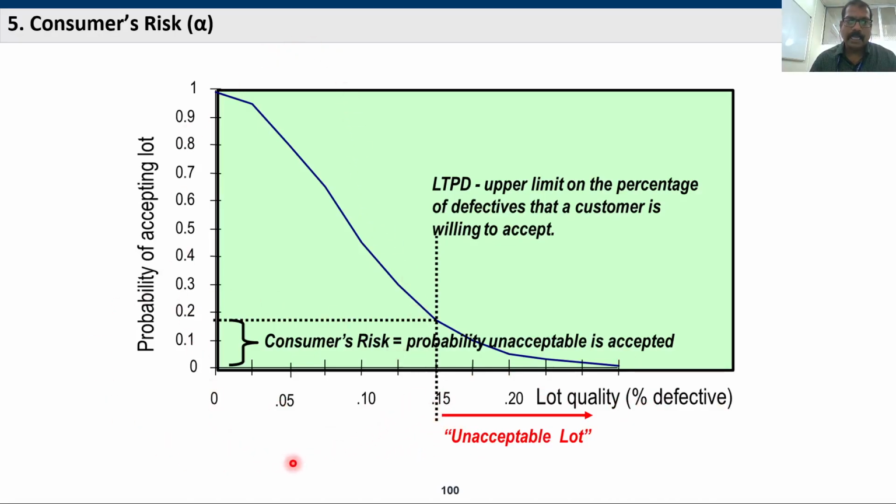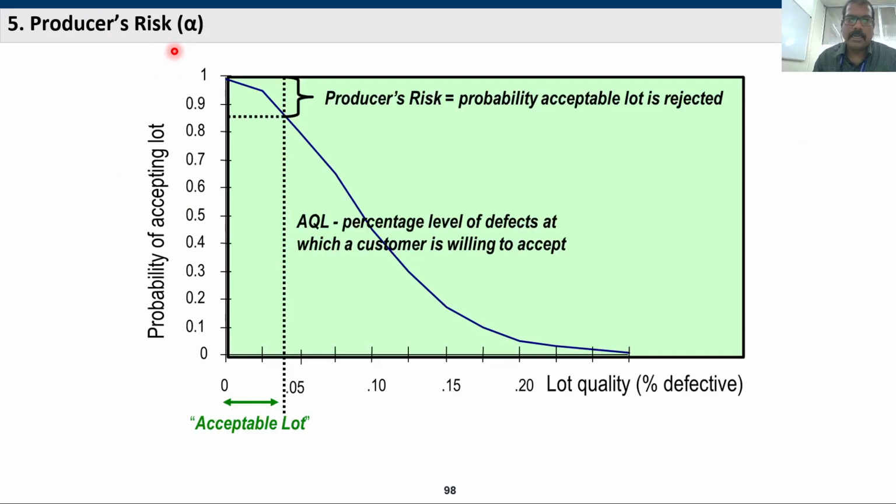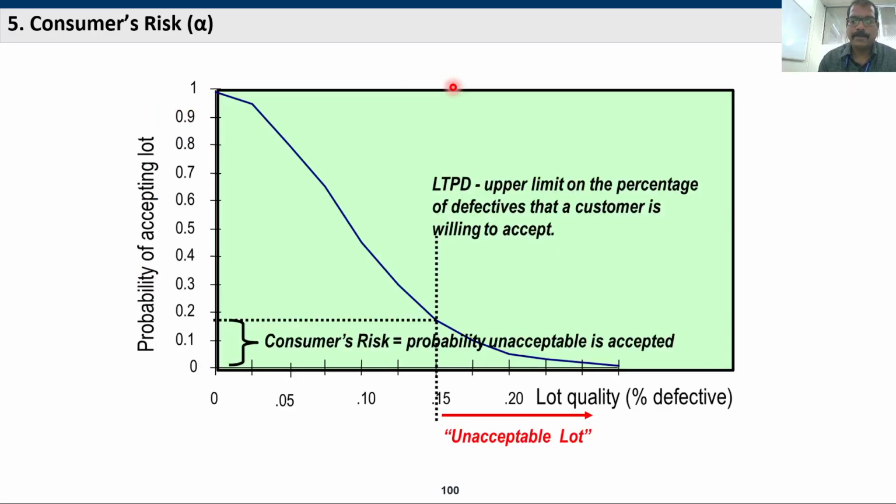All this area is acceptable with respect to the OC curve, in the sense that really only almost 18 percent out of 100 is acceptable. But consumers are forced to accept this unacceptable batch. So this is the risk for the consumer, and also here the risk for the producer. So you should understand the difference between producer risk and consumer risk.